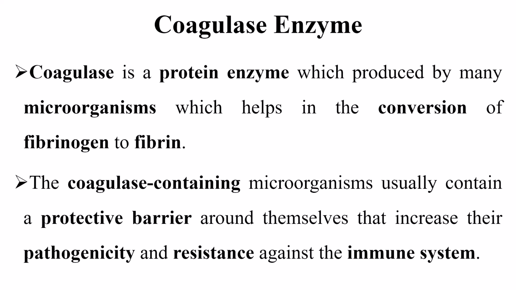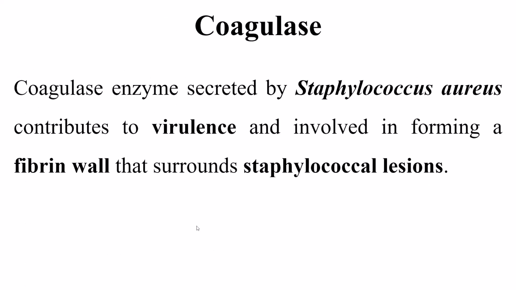Coagulase-containing microorganisms usually form a protective barrier around themselves that increases their pathogenicity and resistance against the immune system. When the bacteria produce coagulase, they change fibrinogen to fibrin, making a protective barrier around themselves, and this increases their pathogenicity and resistance against our immune system.